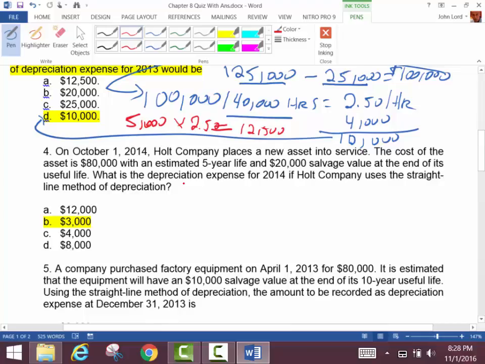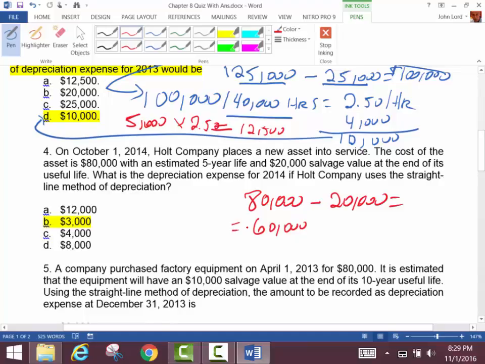It's straight line. 80,000 is my purchase. Good. Minus 20,000 salvage value. Good. Gives me 60,000. Depreciable base is 60,000.